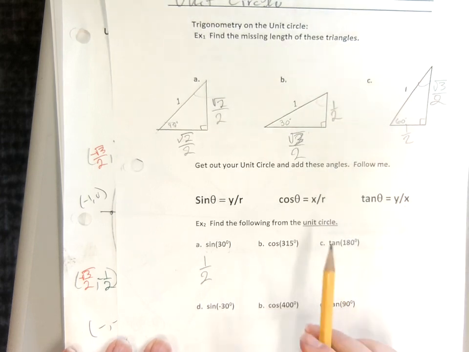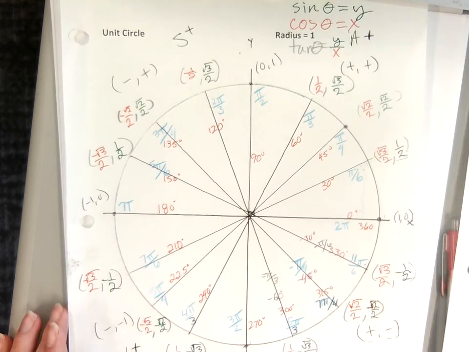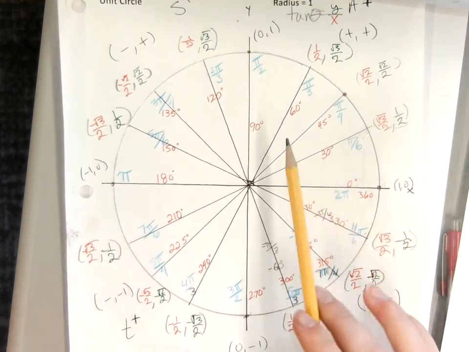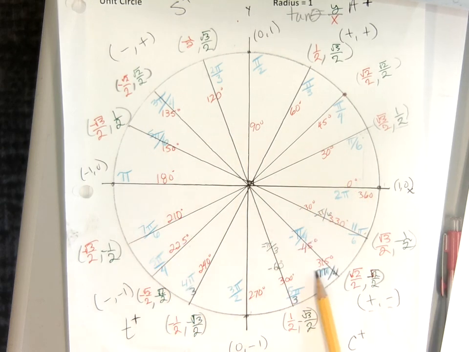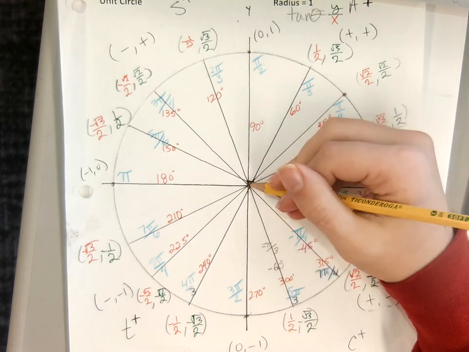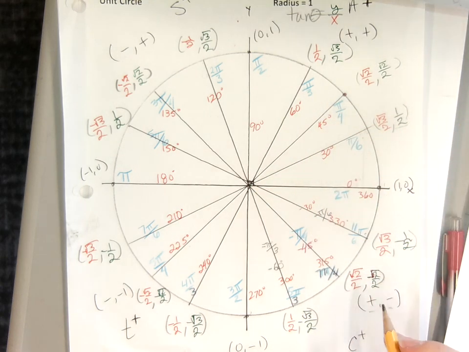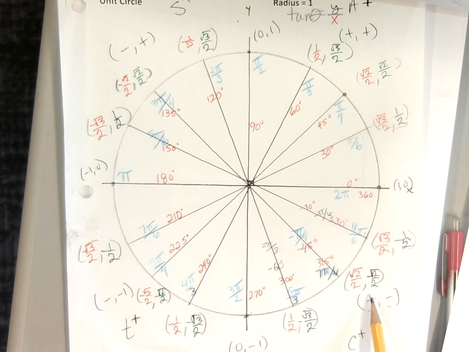All right, now we're going to look for cosine of 315 degrees. So if we start at 0, we keep going around, and then we come to 315 degrees. We are looking for the x value.